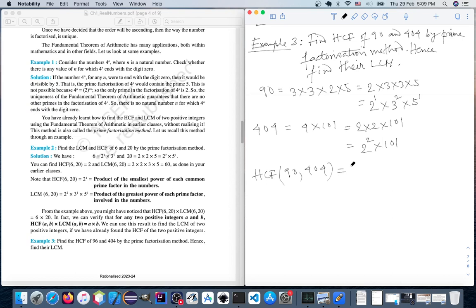Forget about the powers. 90 has prime factor 2 and also 404 has prime factor 2, so the only common prime factor is 2. Now the power. We take the smallest power. Over here the power of 2 is 1 and over here the power of 2 is 2. So we take the smallest power, so 1.